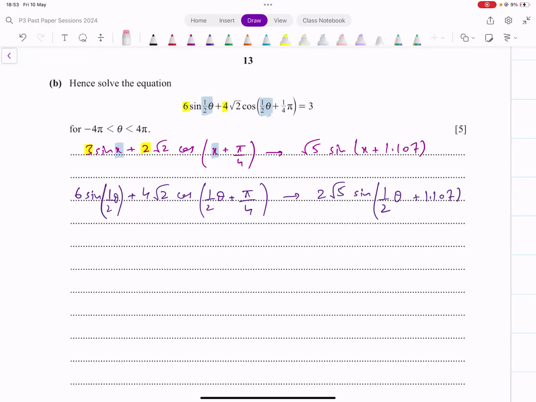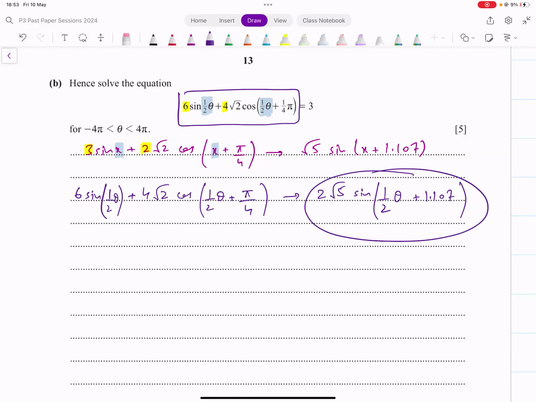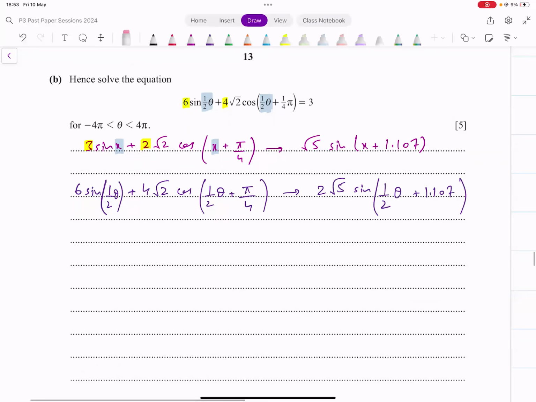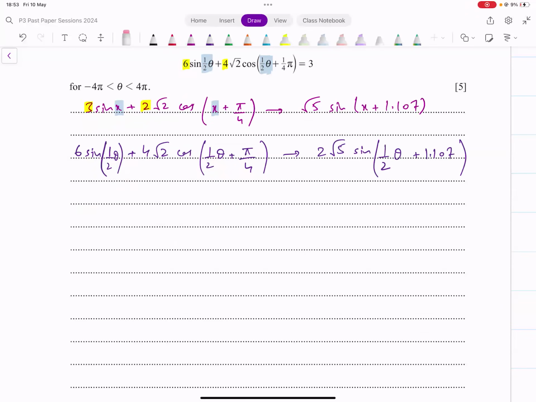So now we know that this whole thing that they have in this equation on the left side, we could write as 2 root 5 into sine of this whole thing. We could convert it to this form. And now we just have to solve this equation.